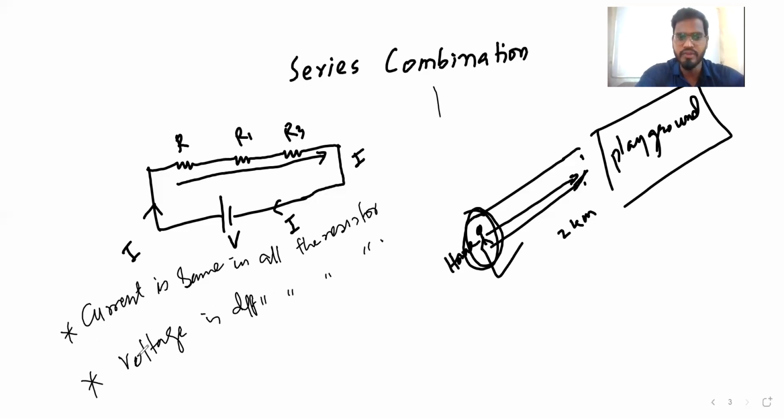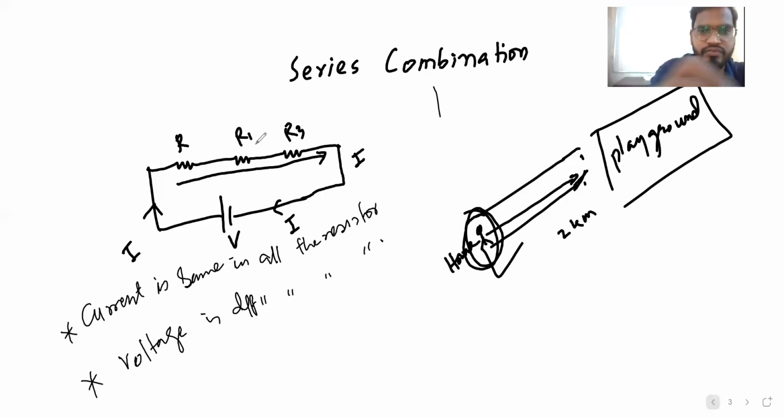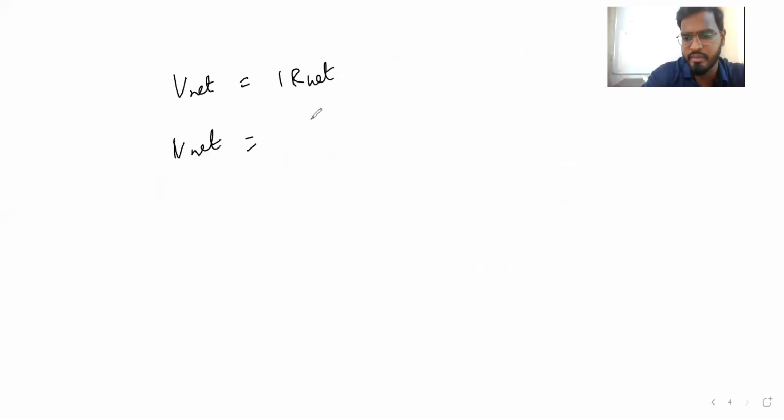Let's see how we will write the formula for this combination. Let's see the derivation. Voltage is what is different here, so V net is I R net. Current is the same. There will be some voltage V1 here, V2 here, V3 here, because different resistors have different voltages. So net voltage is V1 plus V2 plus V3.